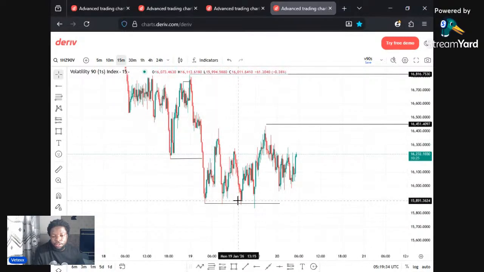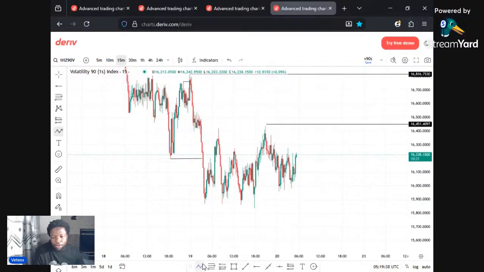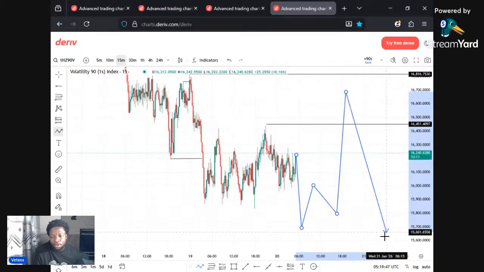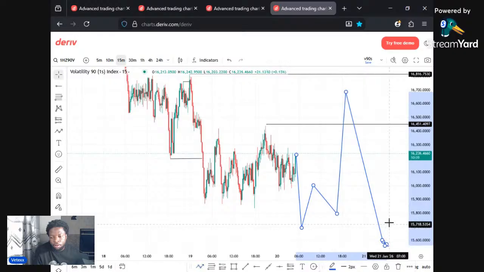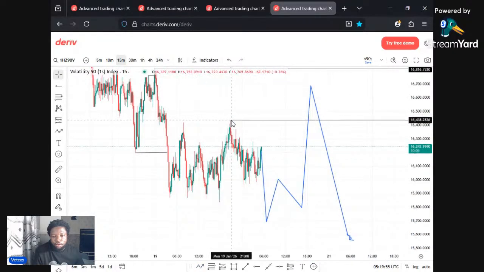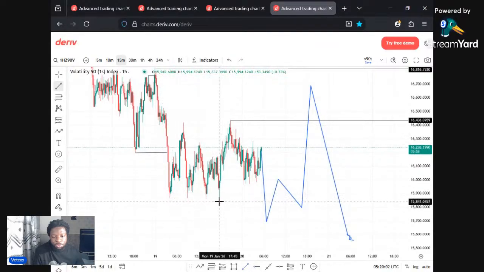If it breaks, like this is what I'm trying to say, I'm expecting this price to come down here, break this point, and then come to this point and sell. So that this is going to be our newly created liquidity, and then this point is going to be our second break of structure, which is going to be this.